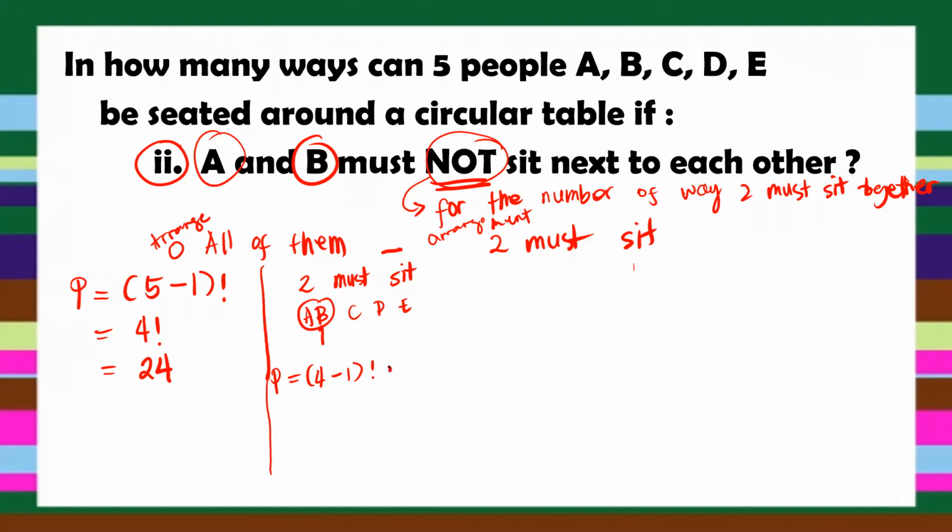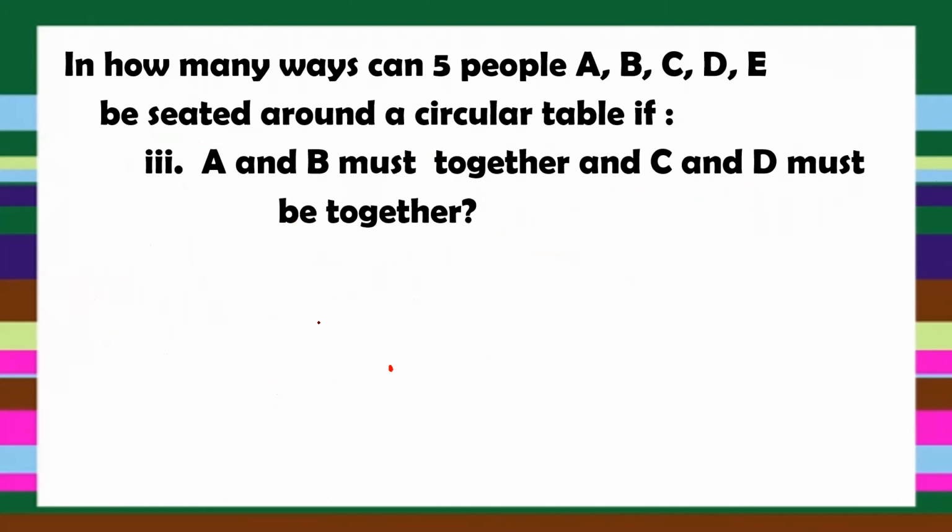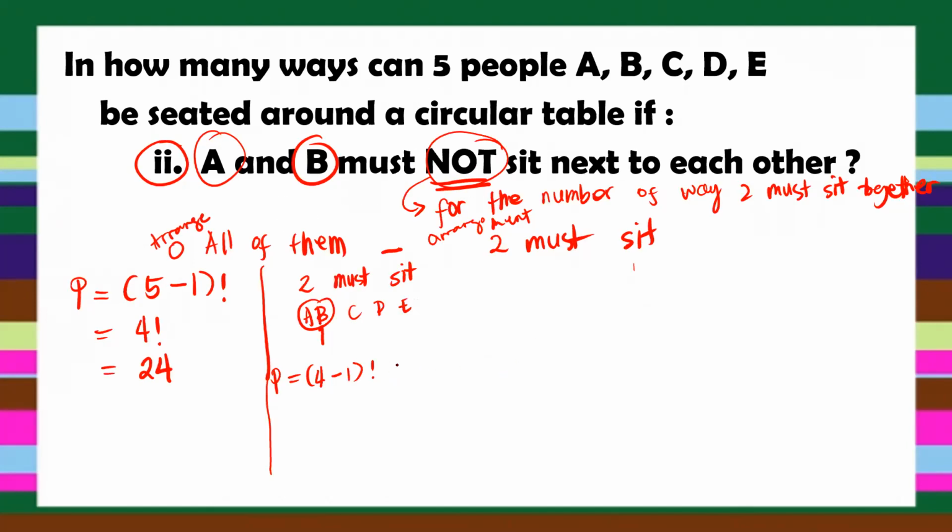Then i-multiply natin siya dun sa arrangement nilang dalawa, which is 2 factorial. So this will be 3 factorial times 2 factorial, or simply 6 times 2. And that is equal to 12.